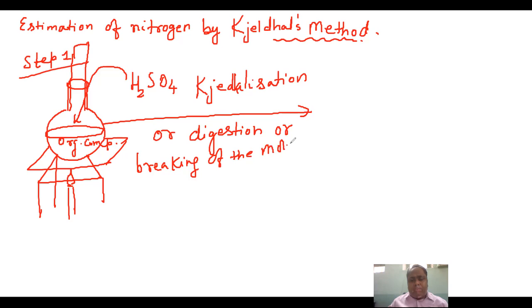What we need here basically is nitrogen. We need to extract nitrogen, to find how much nitrogen is present. This is our target. So this nitrogen, due to the presence of H2SO4, converts itself into ammonium sulfate.